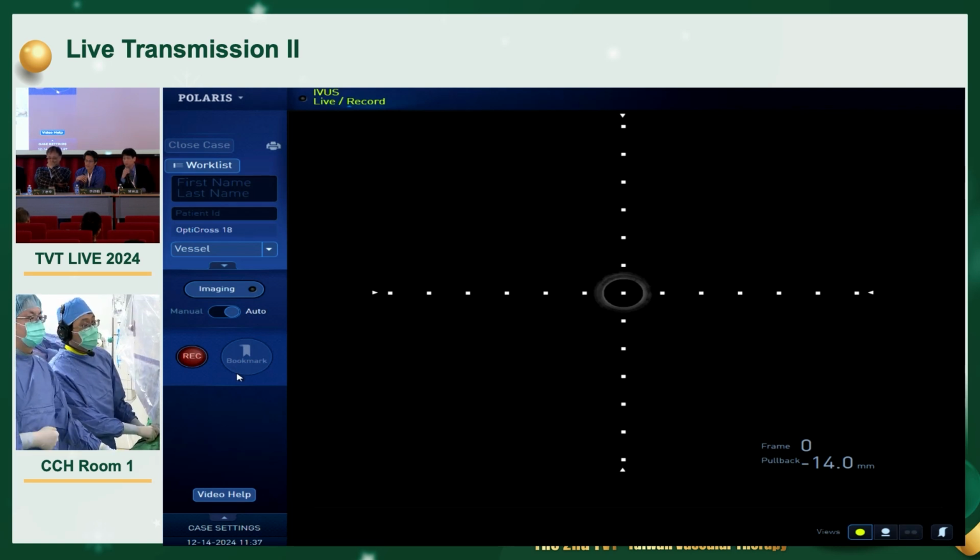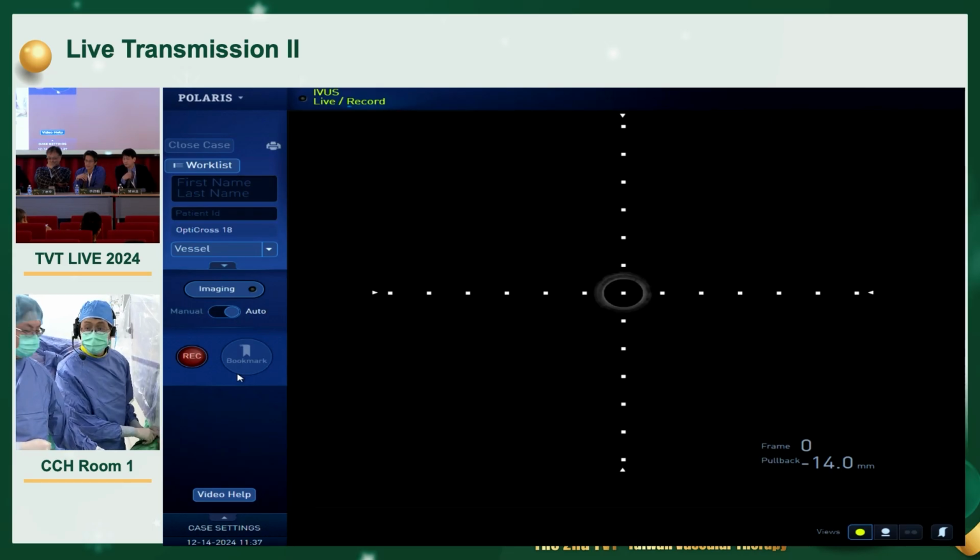But the IVUS, we cannot see anything now. Yes, we are preparing now. The IVUS quality is not good.